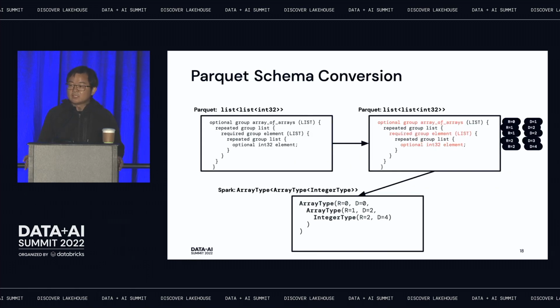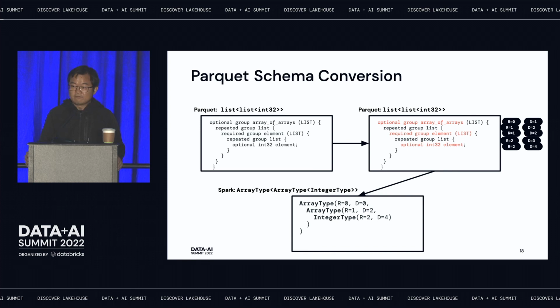So this is how a Parquet schema conversion looks for a simple type. Here we have a Parquet type that is a 2-level list, a list of integer, right? In Parquet format, it is represented in the right-left diagram.